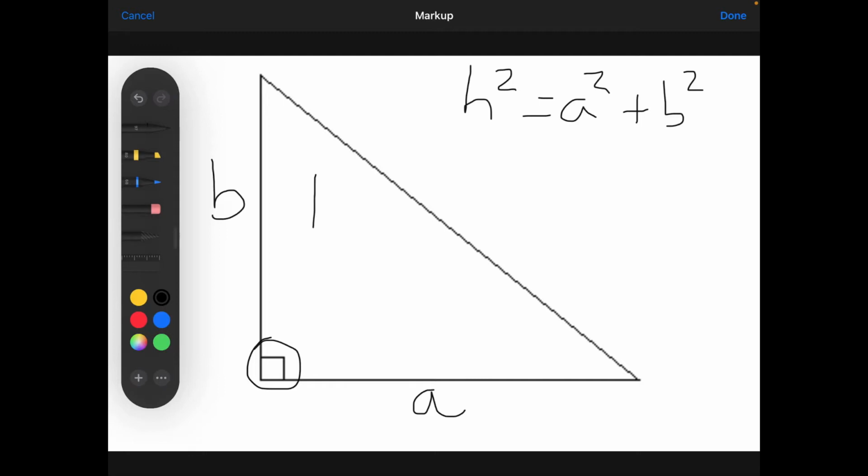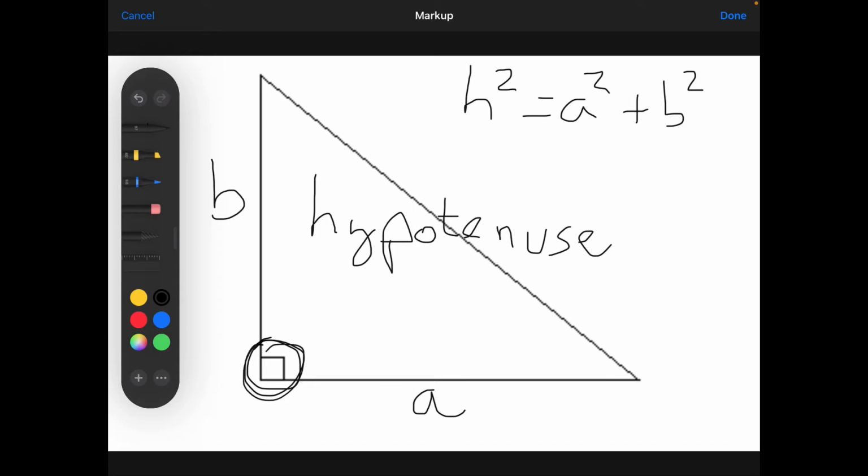It's called the hypotenuse. That's meant to be an E between the T and the N. Sorry for the awful handwriting. Using my finger, haven't got a proper pen. So anyway, that's that. So a and b, always the shorter sides, always meeting at the right angle, and hypotenuse always opposite the right angle.